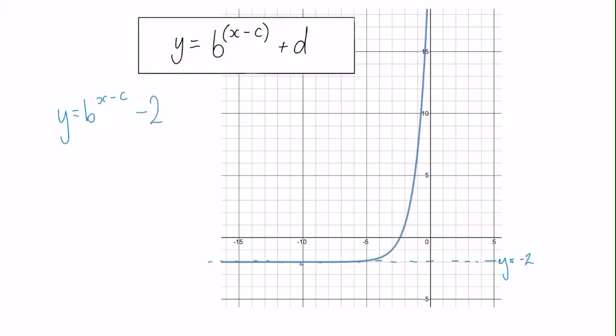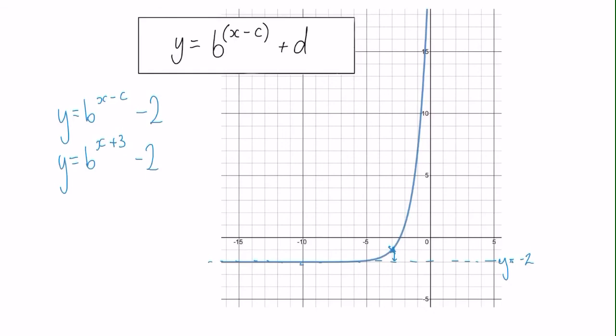Next, I'm going to look for that special point that is 1 above the asymptote. There it is there. Usually that's in line with the y-axis, but it has moved to the left by 3. So my power is going to be x plus 3, opposite of what I would expect for the horizontal shift. Still got that vertical shift of -2.